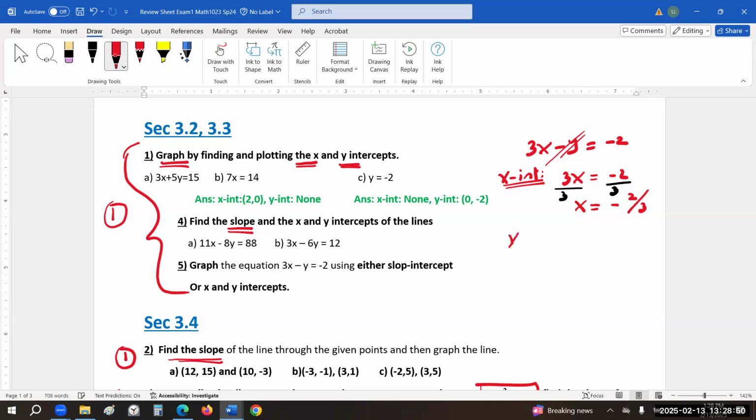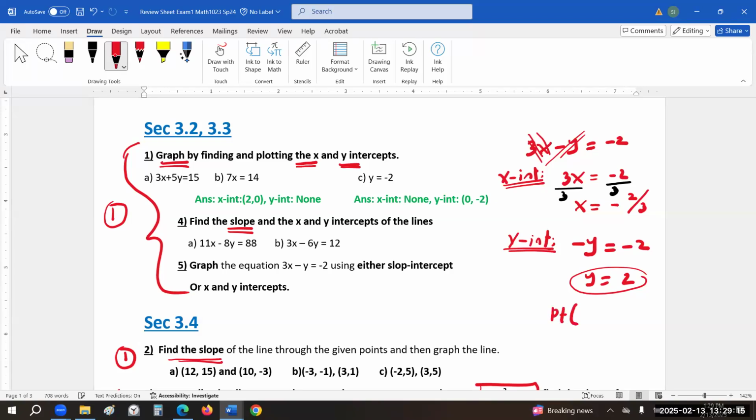And if you want to find the y-intercept, you can set x to 0, so this gets cancelled out. You get -y equals -2. Then what is y? 2. But in the exam, it will be in point form.